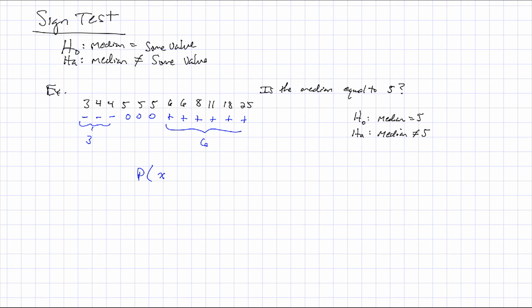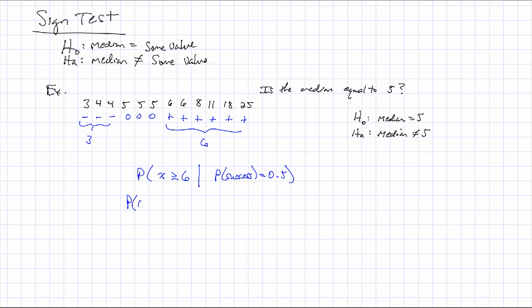So for the sign test, we would ask, what's the probability that we could get 6 successes or more if the probability of success is equal to 0.5?